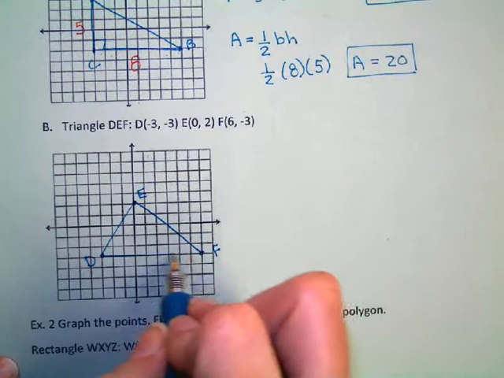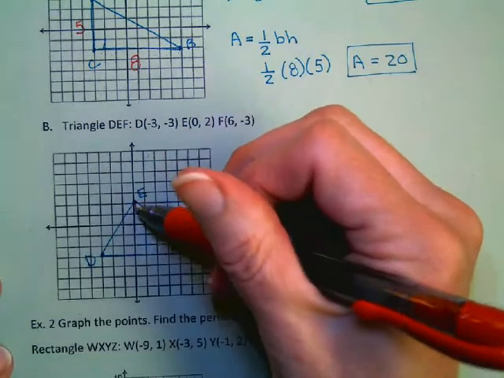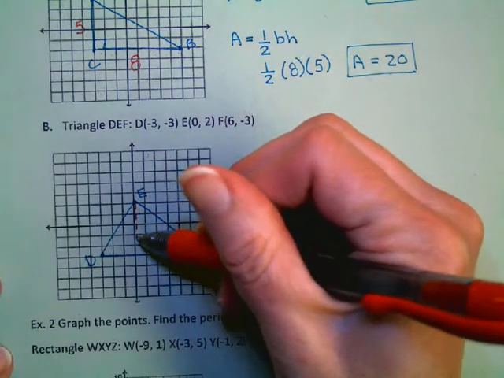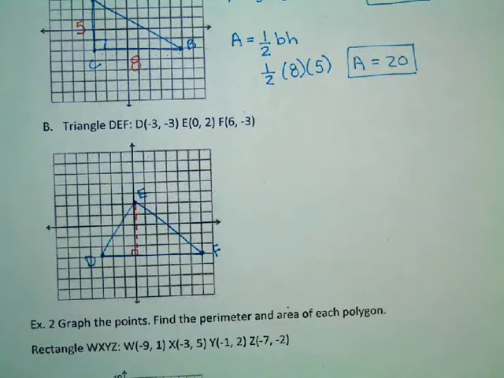So we have to look to see where we could draw the height in this triangle. The height is going to be from a point and make a 90-degree corner. So I'm going to draw the height from E, perpendicular straight down, and that will be the height inside our triangle.